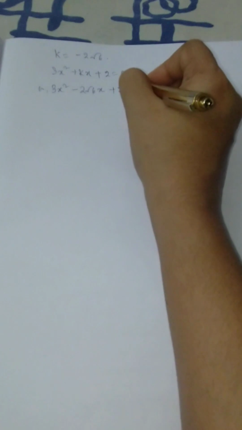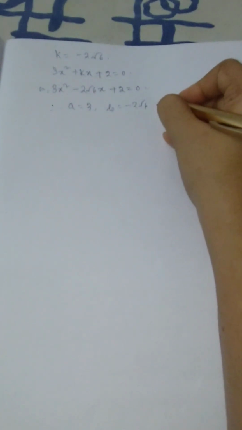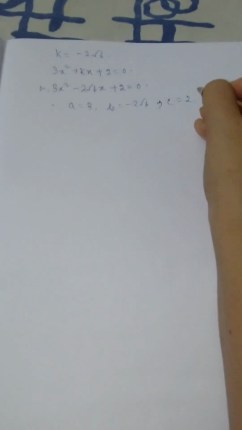2 root 6. In the case where k equals minus 2 root 6, we can write the equation like this: 3x square plus kx plus 2 equals 0. In place of k, we will write minus 2 root 6. So 3x square minus 2 root 6 x plus 2 equals 0. So a equals 3, b equals minus 2 root 6, and c equals 2.